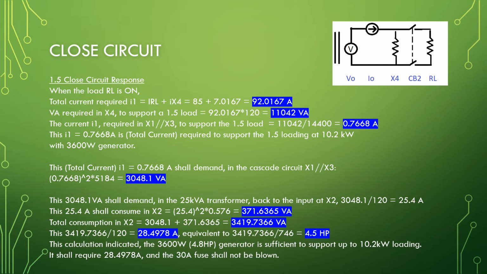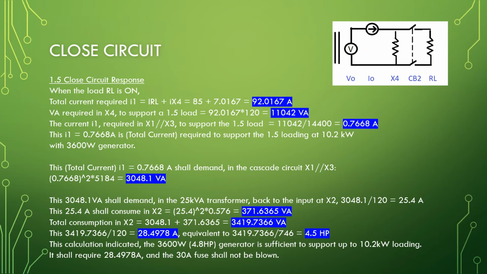This 25.4 ampere shall consume in X2: 25.4 squared times 0.576 equal to 371.6365 VA. Total consumption in X2 equal to 3048.1 plus 371.6365 equal to 3419.7366 VA.